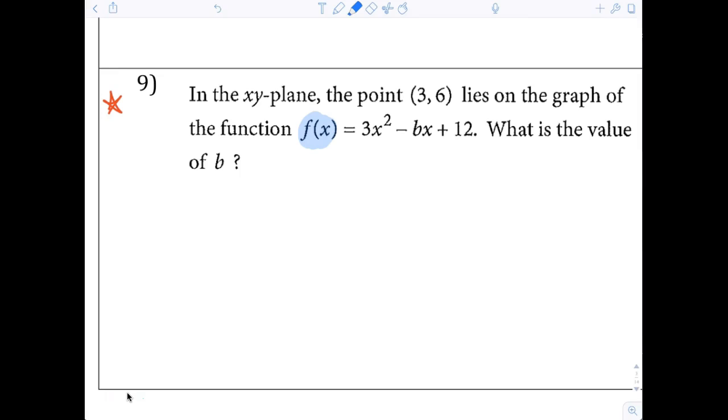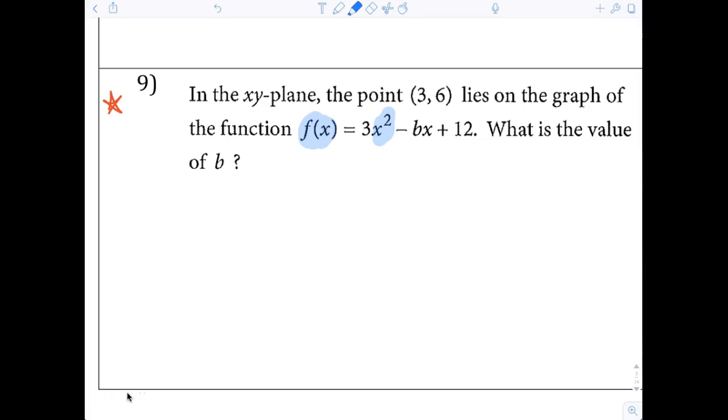But what's the other? Instead of f of x, we can put what letter there? Tell us, Ben. Come on. No. F of x can be replaced with what letter? No. X is already here. What? No. Y. That's correct.